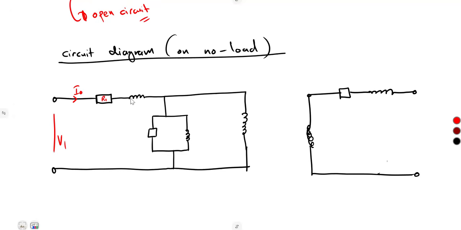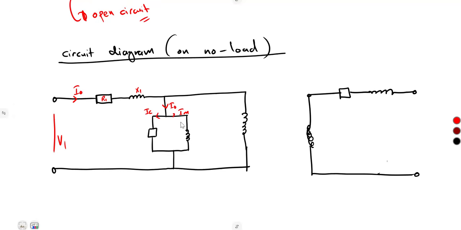This is the resistor R1. This is the reactance X1. And here, the no load current is extended, giving us the magnetizing component and the core component, which is our core loss component.